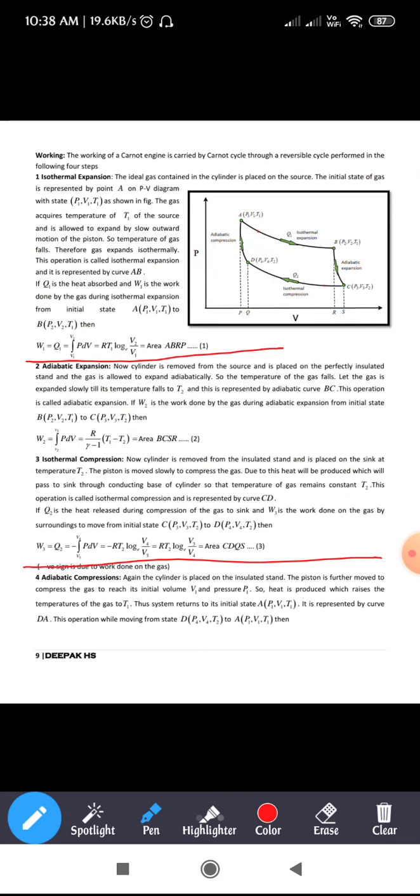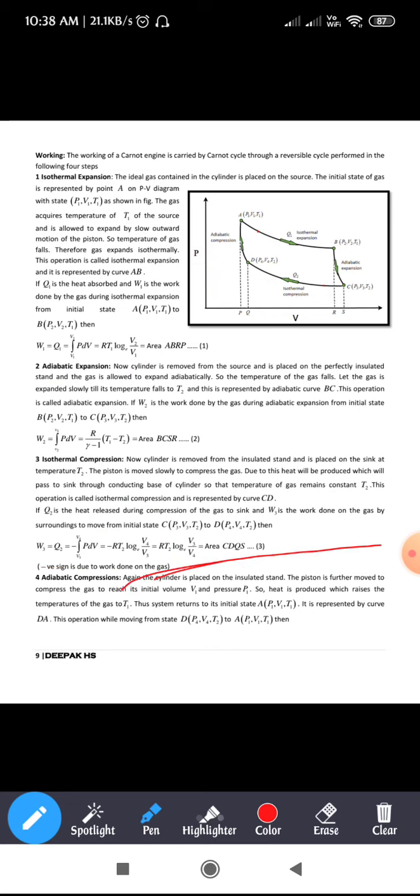Minus RT2 log base e V4 by V3, that is equal to RT2 log base e V3 by V4. Since there is a negative sign here, minus RT2 log base e V4 by V3, in order to express that as positive, we write RT2 log base e, instead of V4 by V3, V3 by V4.